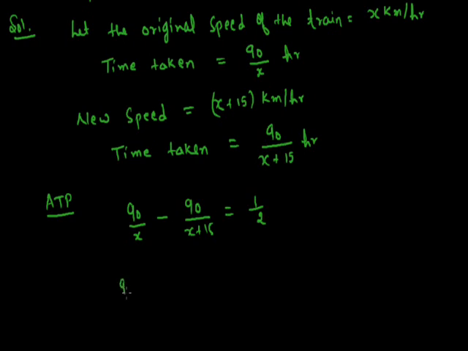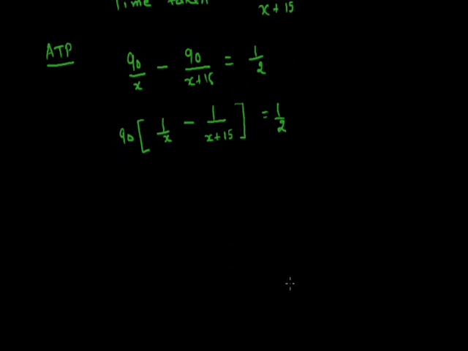Now 90 is common from the left hand side, so it will be 90 into 1 upon x minus 1 upon x plus 15 equal to 1 by 2. Now take LCM. The LCM is x and x plus 15.